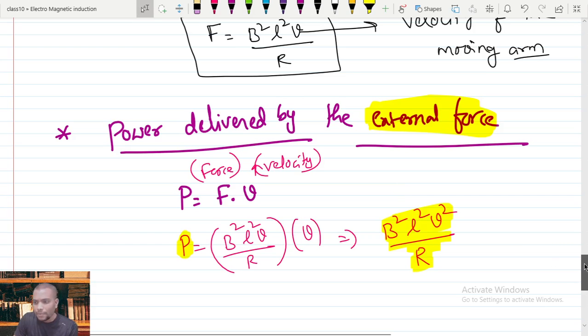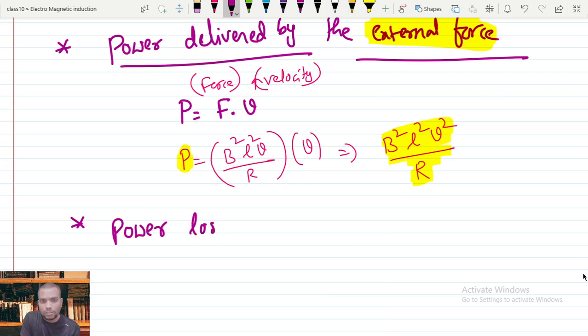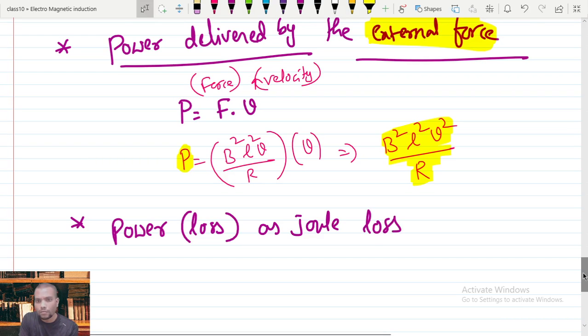Now, if that is the power, we can get one more expression, that is power loss, as Joule loss. What is this power loss?